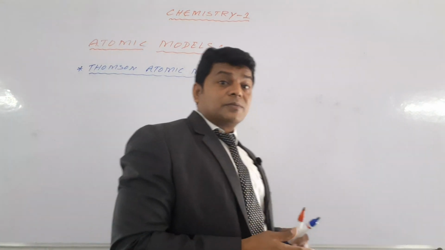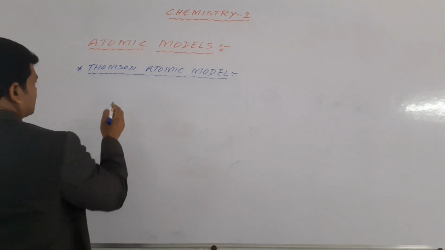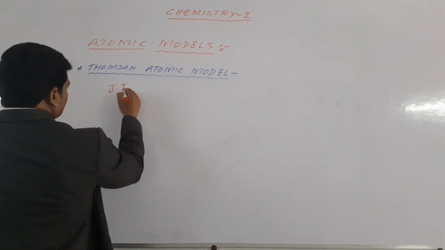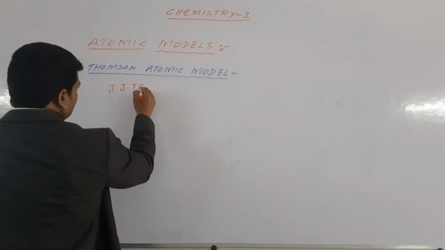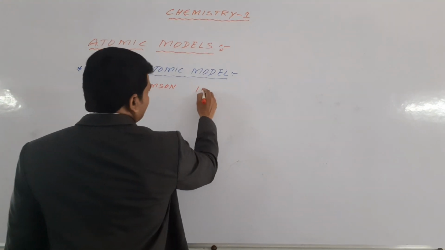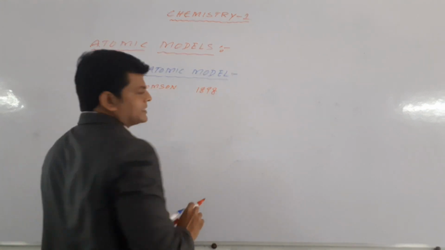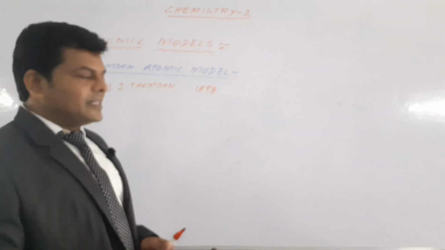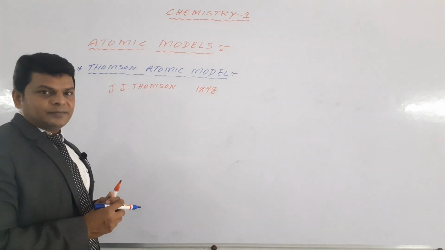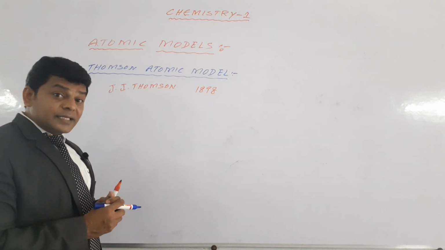Who proposed it? J.J. Thomson. When? 1898. According to J.J. Thomson, atom is a sphere.